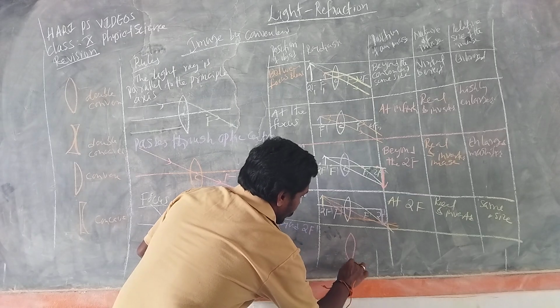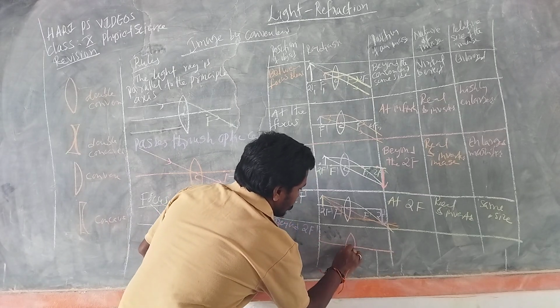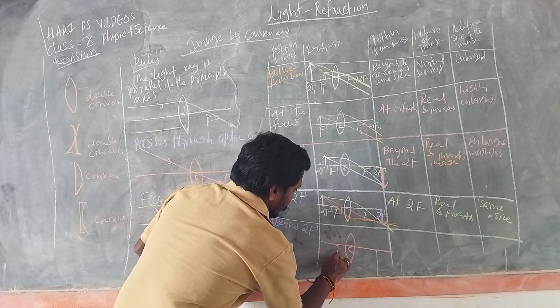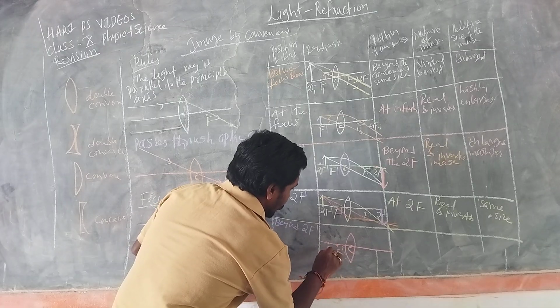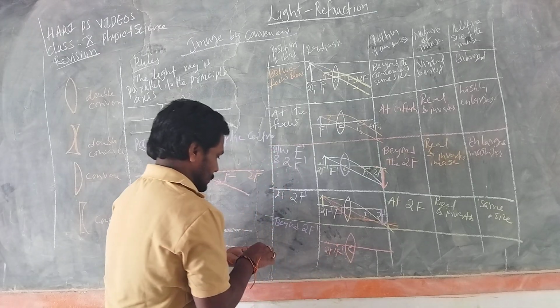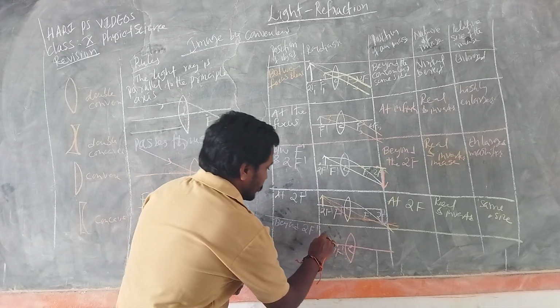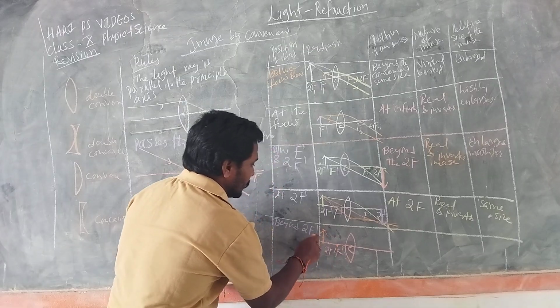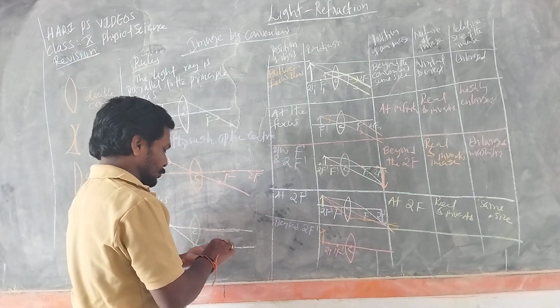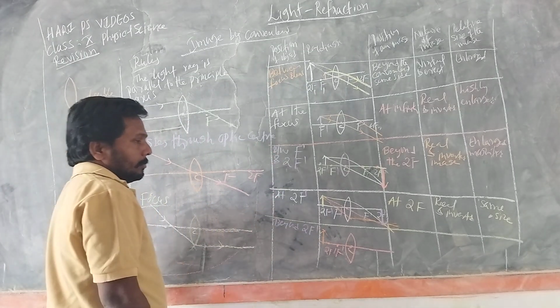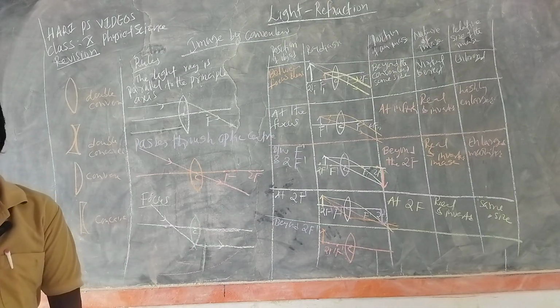So if this is the lens, principal axis, optic center, f', 2f', then the object is placed behind the 2f'. Let us find where the image of the object is formed.